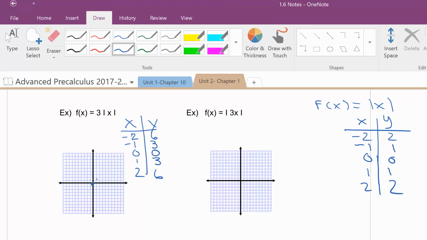So that means the graph is going up vertically faster. So this is what's called a vertical stretch.